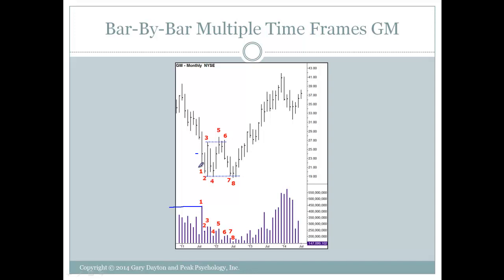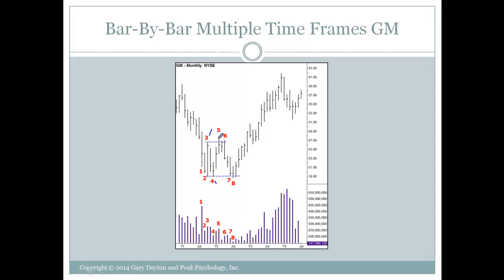What's actually happening in here is shortening of the thrust occurring on the smaller time frame. But on 3, we get strong buying coming up. Not lots of volume, but certainly in price action. We come back down and test that at 4, very low volume.